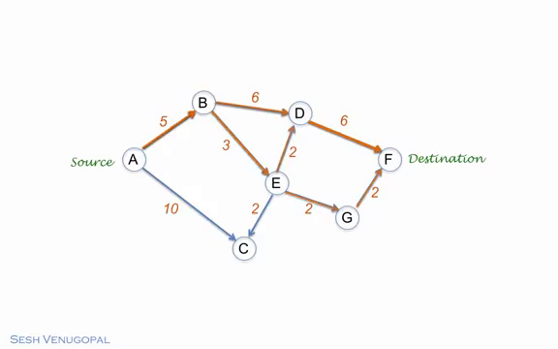The ABDF path has a total length of 17, obtained by adding the weights of the edges A to B, B to D, and D to F. The length of the ABEDF path is 16, and that of the ABEGF path is 12. So the shortest path is ABEGF.